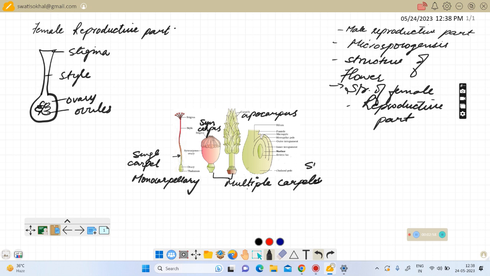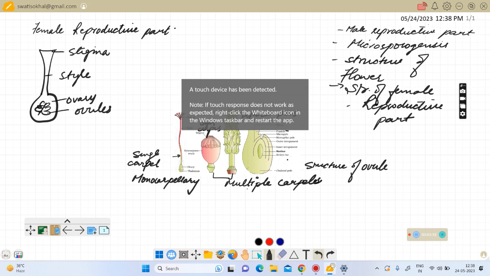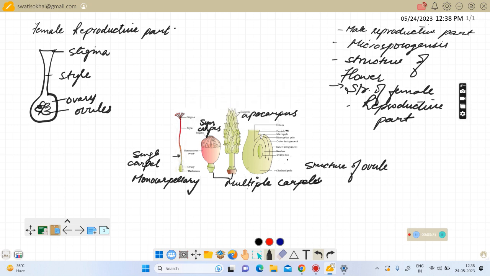This is the structure of the ovule. Let's discuss it in detail, bachche. This is the funicle, the part from where the ovule is attached to the placenta. Then, beta, the micropylar end is the end from where the pollen tube will enter; it is the pollen tube entry part.